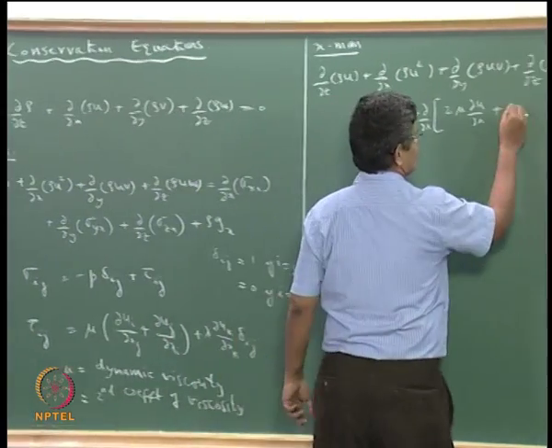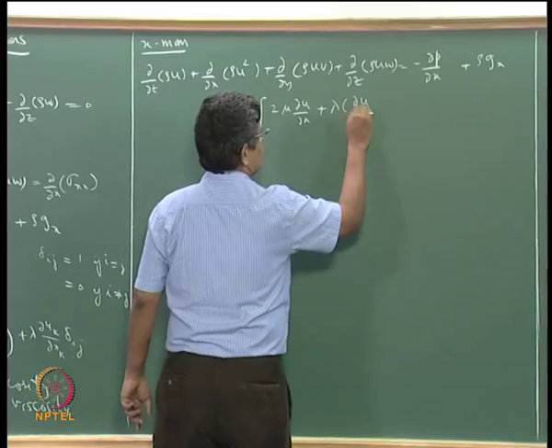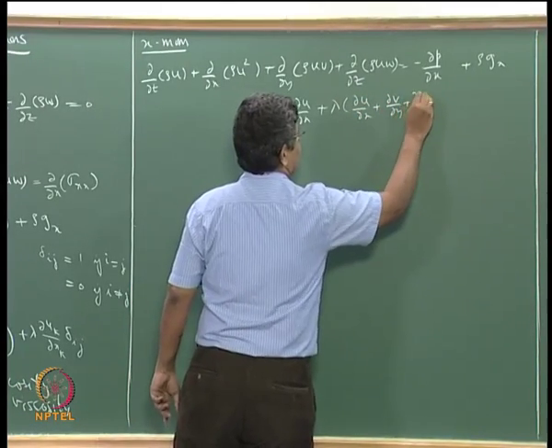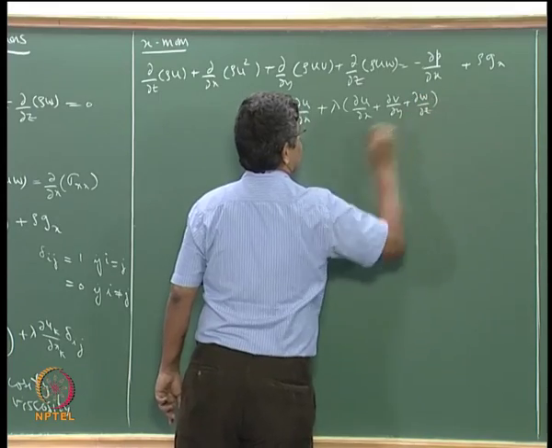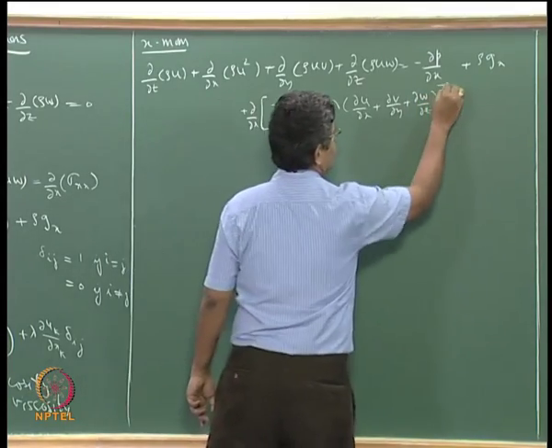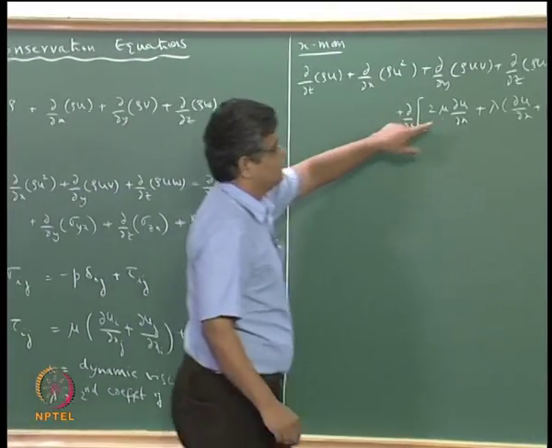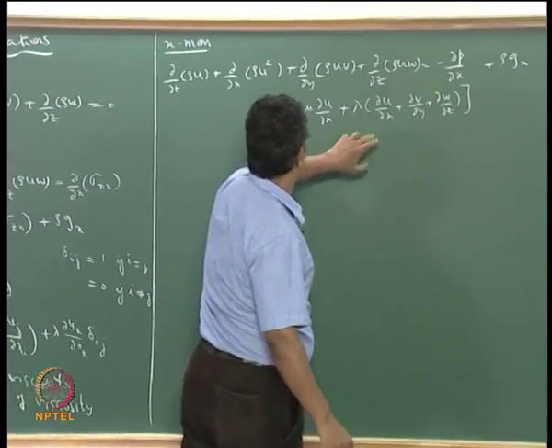So we can write this as plus lambda times (dou u by dou x plus dou v by dou y plus dou w by dou z). This is what we have for this term. We have minus dou p by dou x plus this.